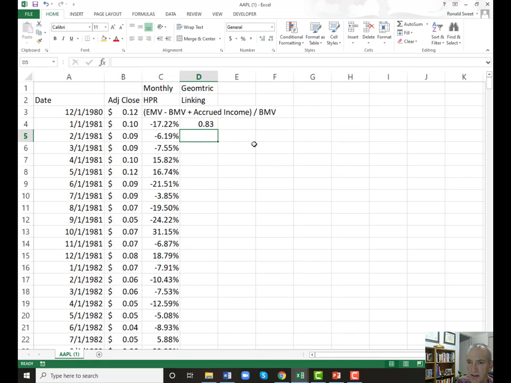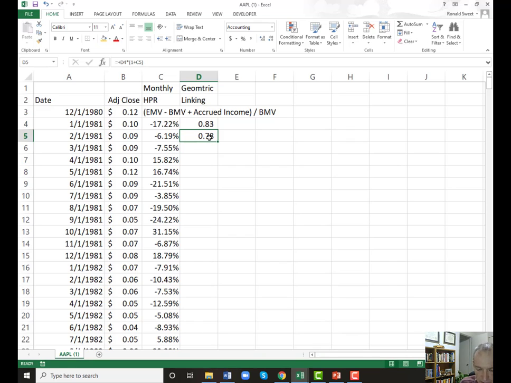The next month, we're going to take that previous month times, open parentheses, 1 plus the next month. So what we're saying is if we had started with $1 on 12/1, at the end of December, these are say 12/1 and 1/1, but they're actually 12/31. If we had started with $1 here and we invested in Apple stock, at the end of the second month, we'd only have 78 cents left. Our $1 would have dropped down to 78 cents.